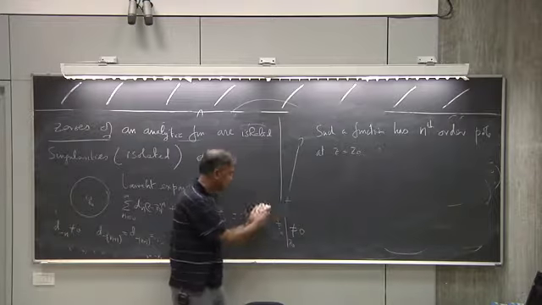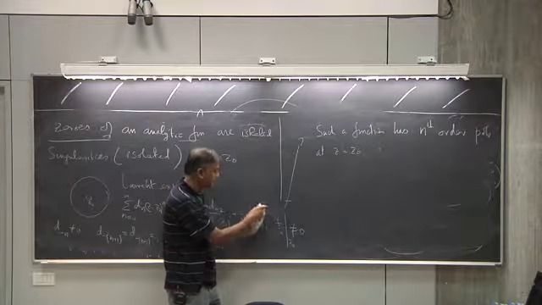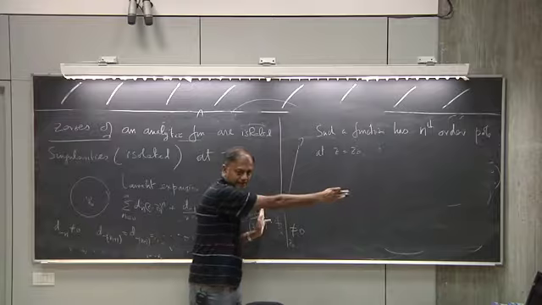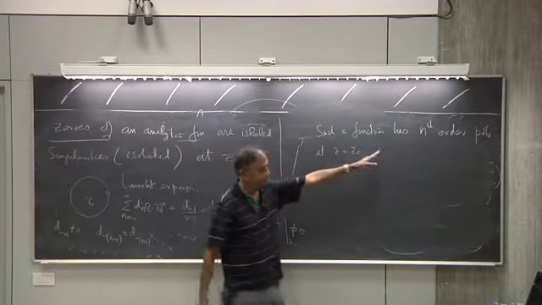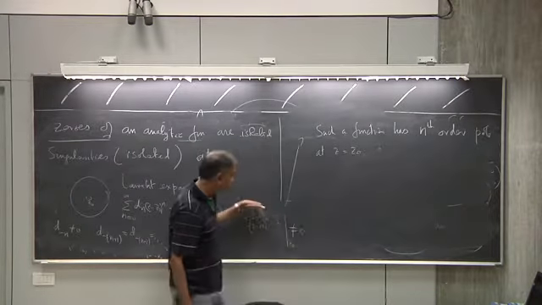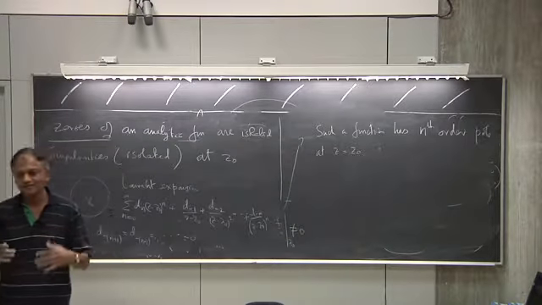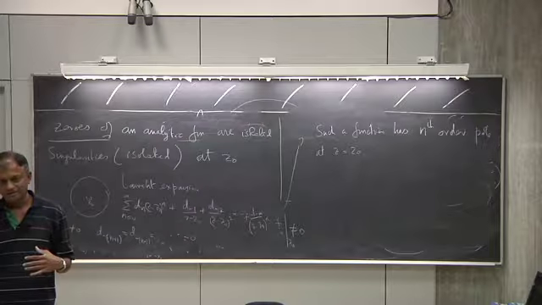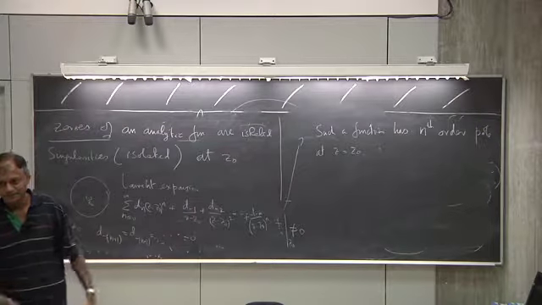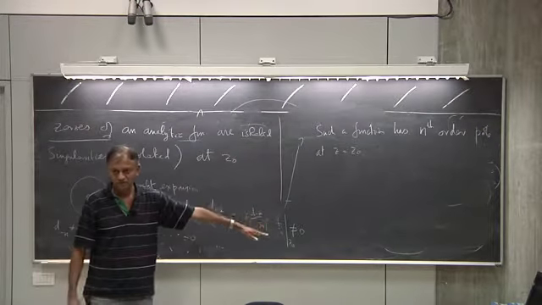There is a highest singularity up to which the coefficients are non-zero, but everything else is 0. In that case you say nth order pole. If all the coefficients are non-zero, then you say the function has an essential singularity. It's a very bad singularity if all powers are non-zero.